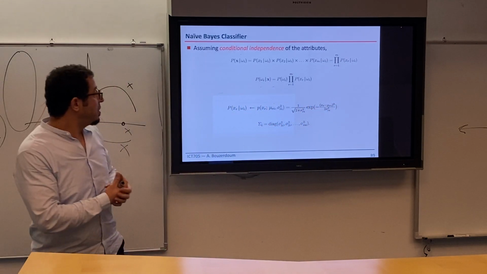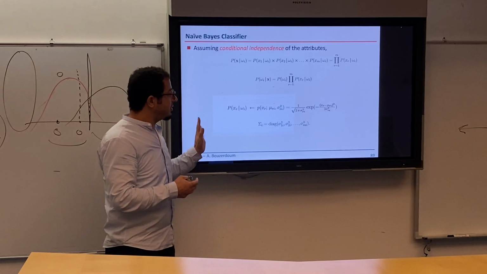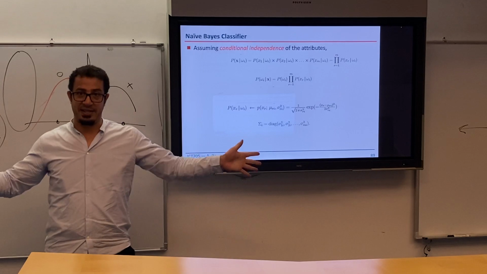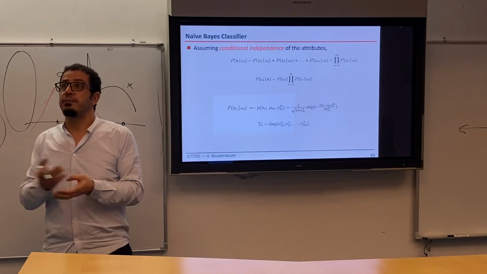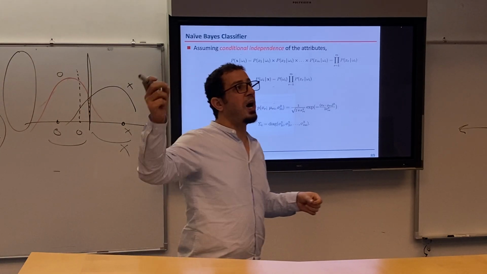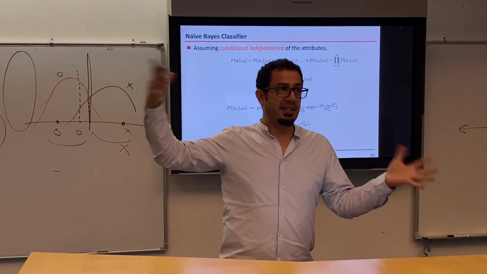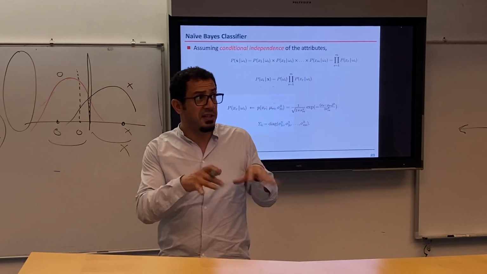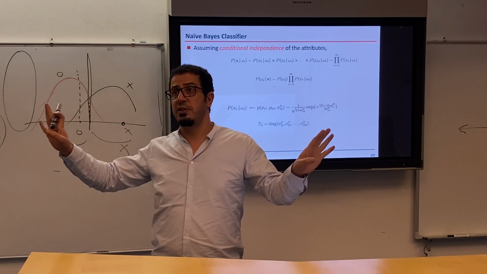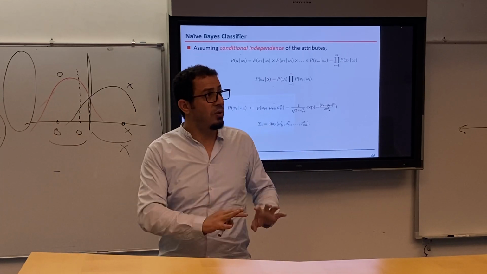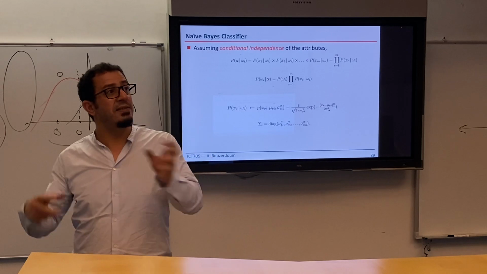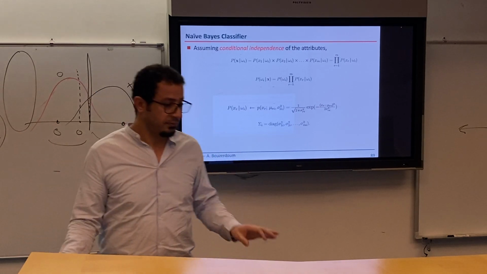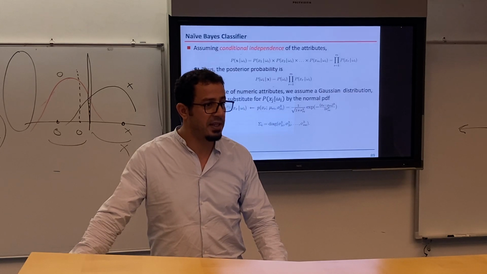So we need just to estimate the mean and the variance for each axis. And this is easy to do. It does not require a big data set. If the training data set is big, just go to the Gaussian distribution. If the data is small, go to what we call the naive Bayes classifier. It means independent, that's all. Let me give an example to make it easy for you.